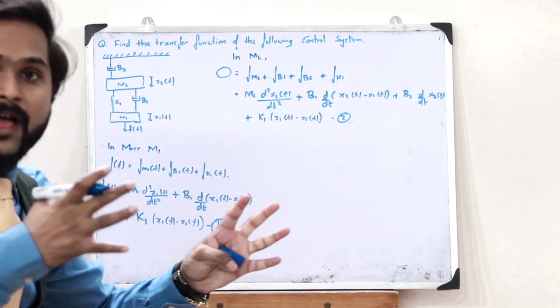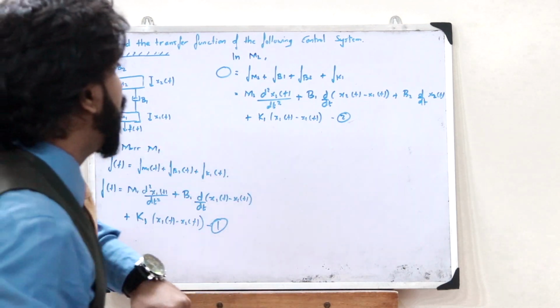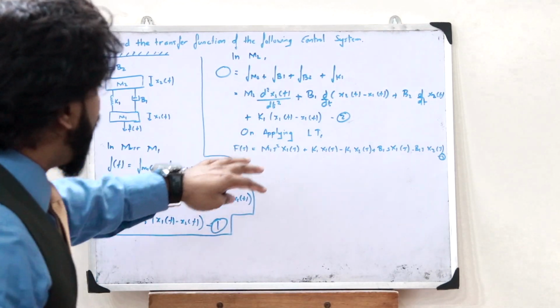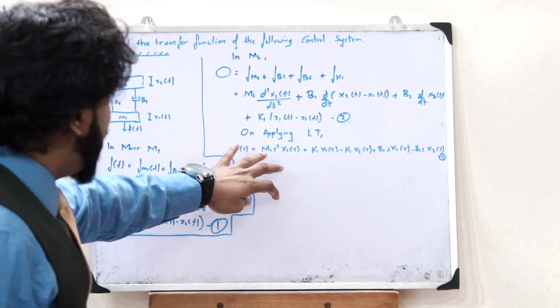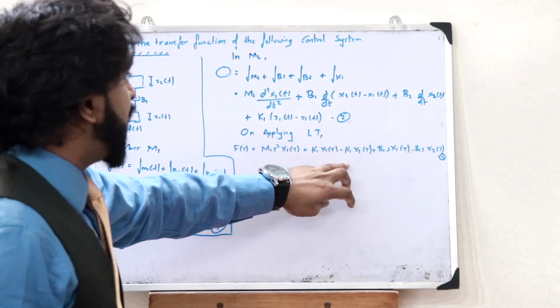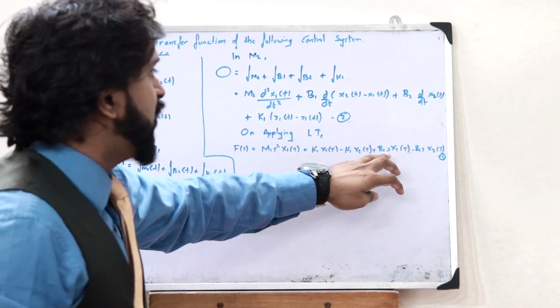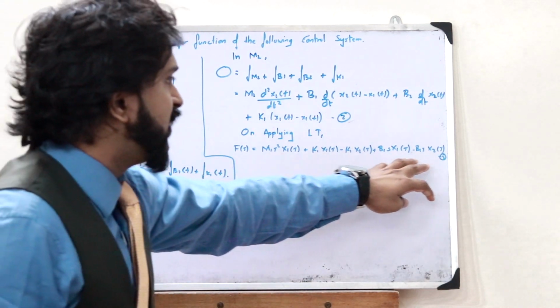So now on applying Laplace transform on equation number 1 and equation number 2, we would get, on applying Laplace transform on this particular equation, F of s is equal to m1 into s squared into X1 of s plus k1 X1 of s minus k1 X2 of s plus b1 s into X1 of s minus b2 s into X2 of s. So let us take this as equation 3.